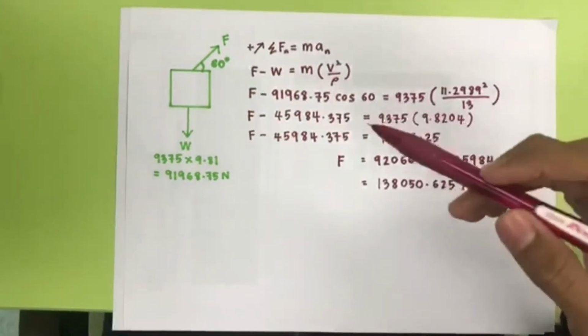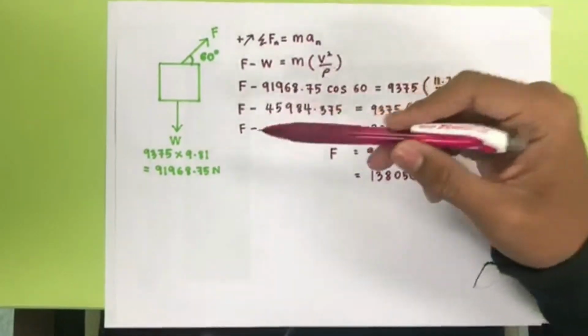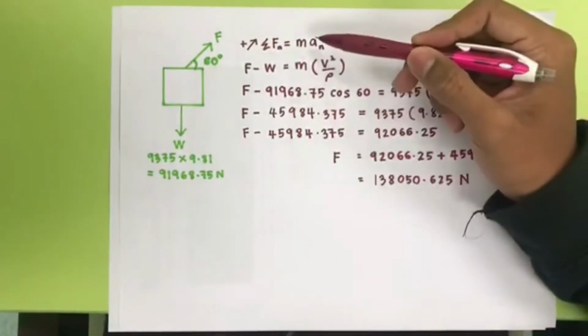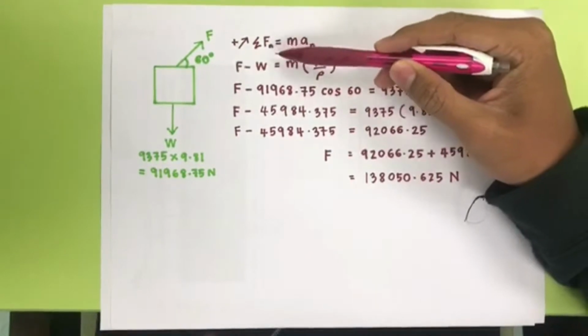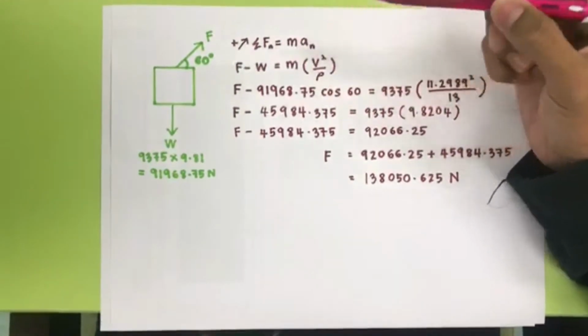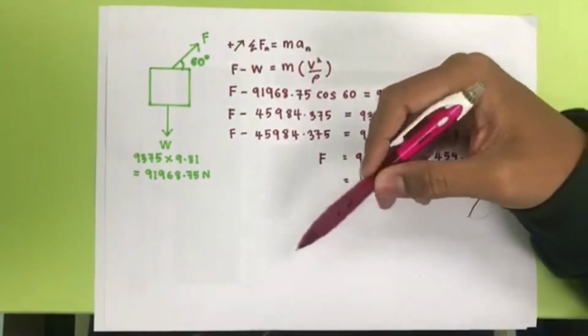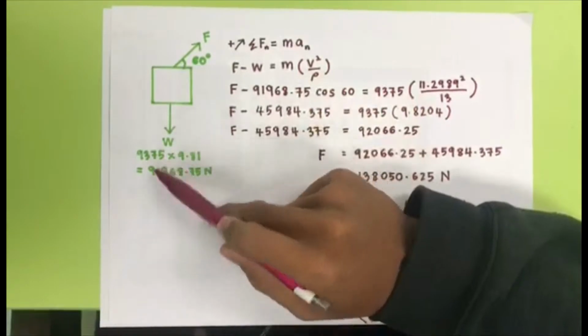So the next step is we are going to find the force exerted in this motion. To calculate the force, we will use Newton's second law, summation of Fn equals m an. In this case, we use an because this is a circular motion. So this is the free body diagram.